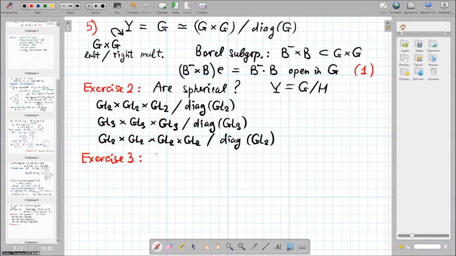Suppose we have a connected reductive subgroup H in a connected reductive group G. G is always a connected reductive group in my notation, but suppose H is a connected reductive subgroup. Prove the following.